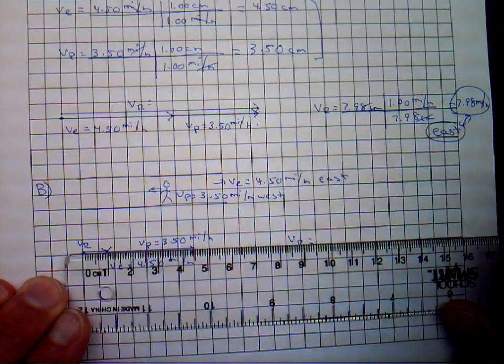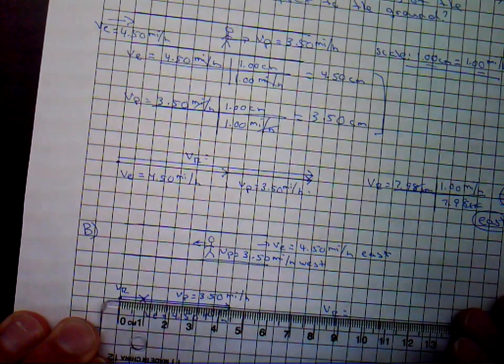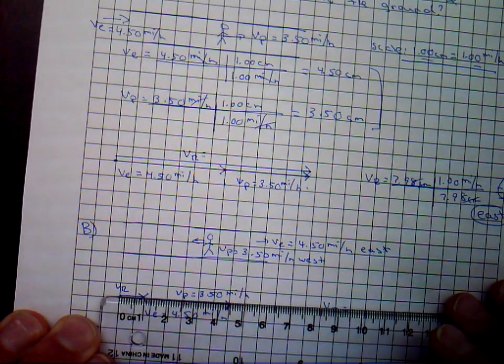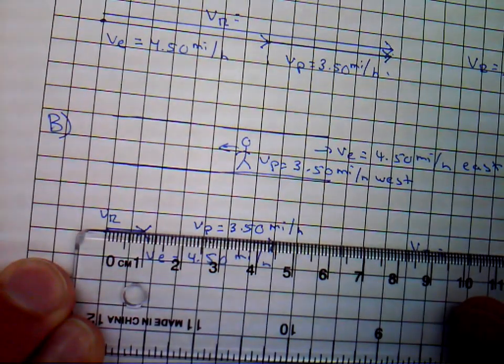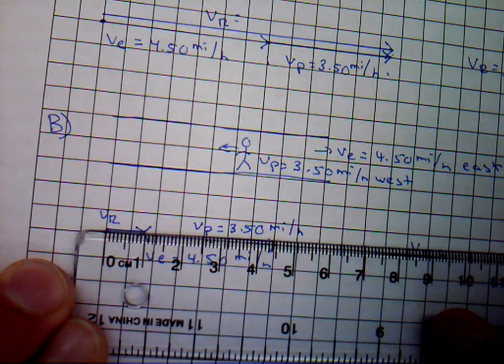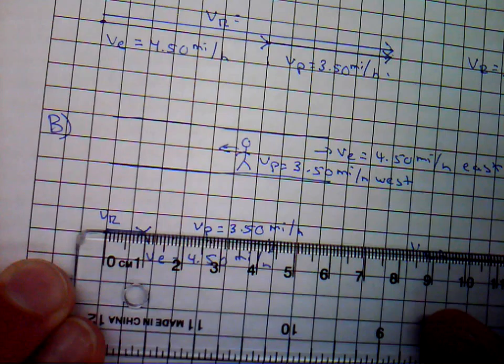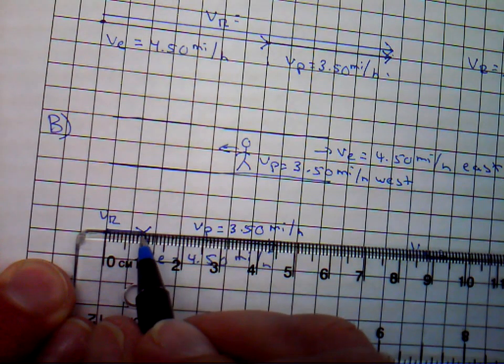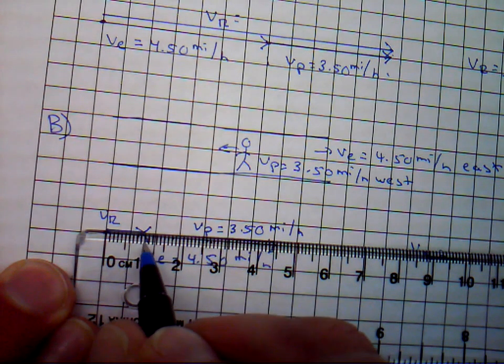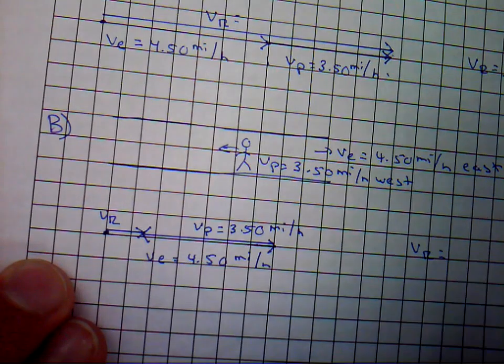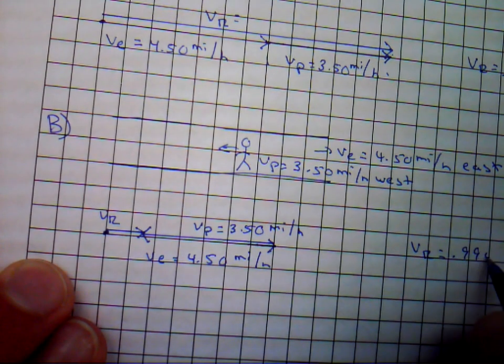Now if I measure the length of that vector, let's zoom in a little bit here. It's real close to, I'm going to say this is not quite on the 1. Let's say it's 0.99 centimeters.